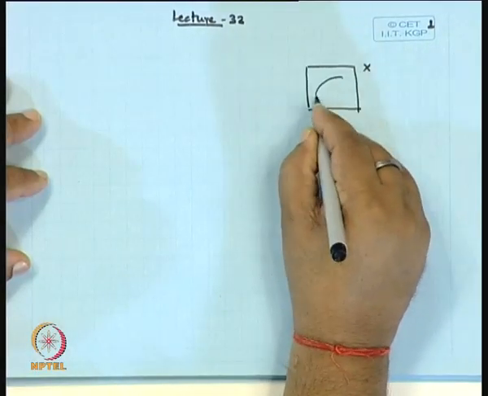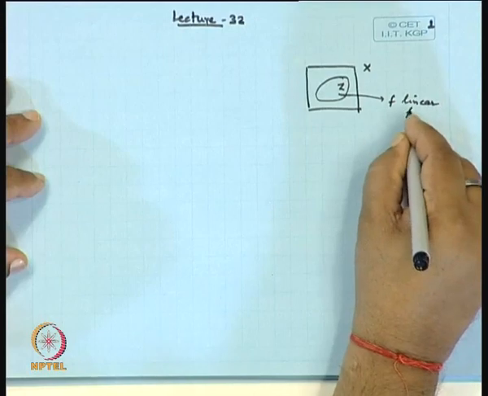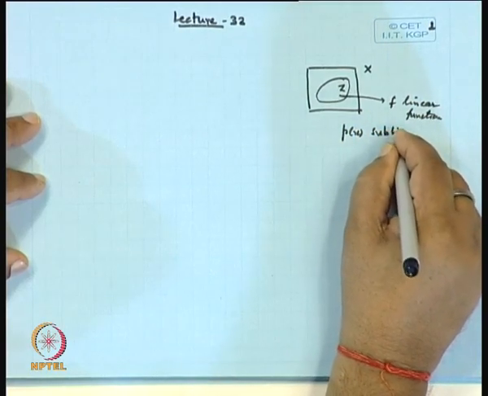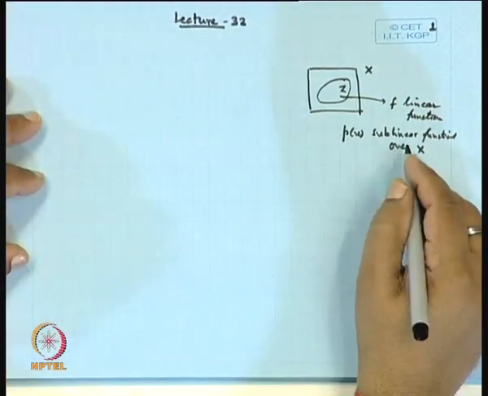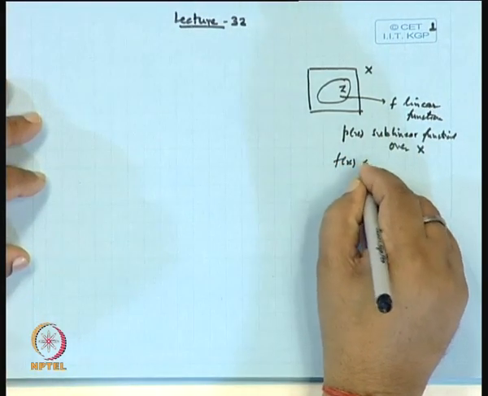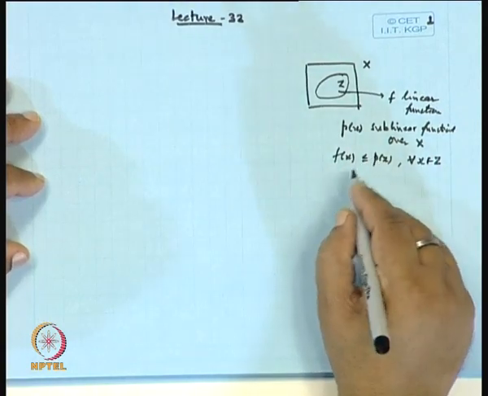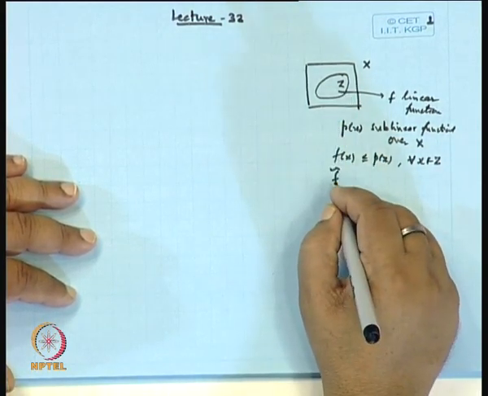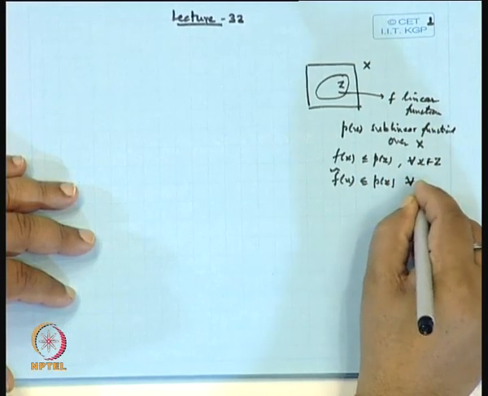That is, if X is a vector space, Z is a vector subspace of it, F is a linear functional defined over Z, and P is a sublinear functional defined at each point on X, and F is dominated by P x for x belonging to Z, then the Hahn Banach theorem says that this linear functional can be extended to the entire space X, a linear functional f delta, such that f delta x is also linear and dominated by p x for every x belonging to X.